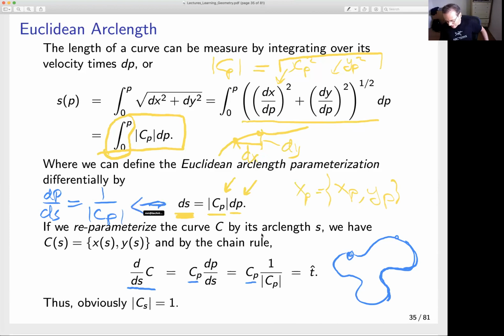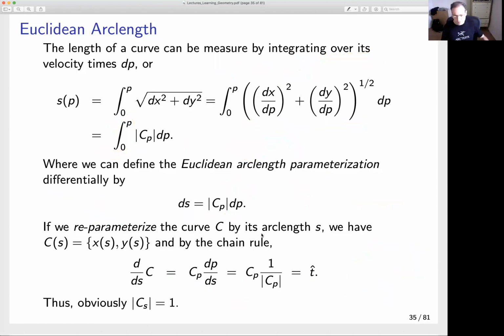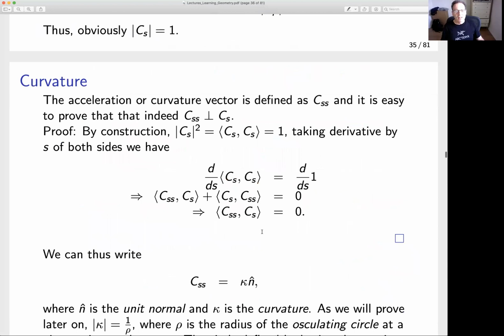So we can plug this in here, and at the end of the day, we see that we got nothing but the unit tangent. If we indeed parameterize our curve by s and take the derivative, then it appears that we are traveling with constant velocity. And not only constant velocity, this velocity equals 1. So again, if I parameterize my curve by the Euclidean arc length, then the velocity by which I'm traveling along the curve equals 1.